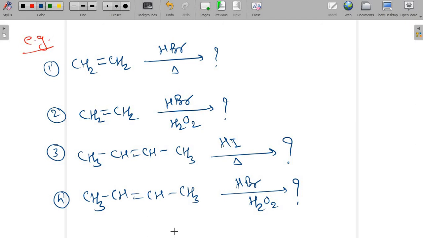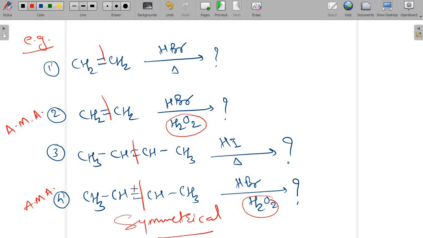Before going to the product, you have to identify which type of reaction it is. As we have already seen, when hydrogen peroxide is there, those reactions are anti-Markovnikov's addition reactions. Whatever alkenes I have given here in all examples are symmetrical alkenes.